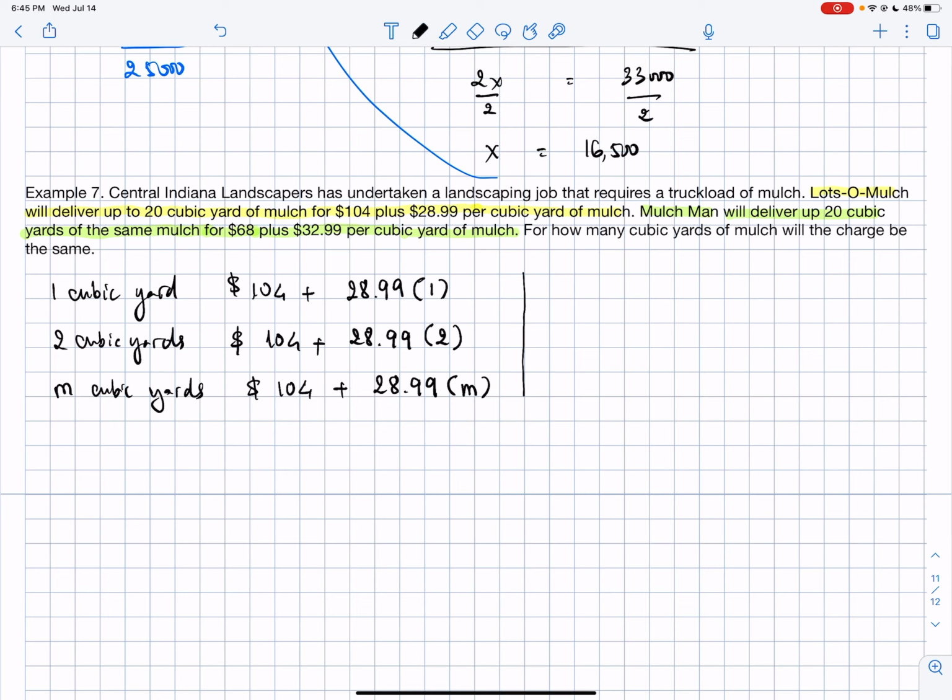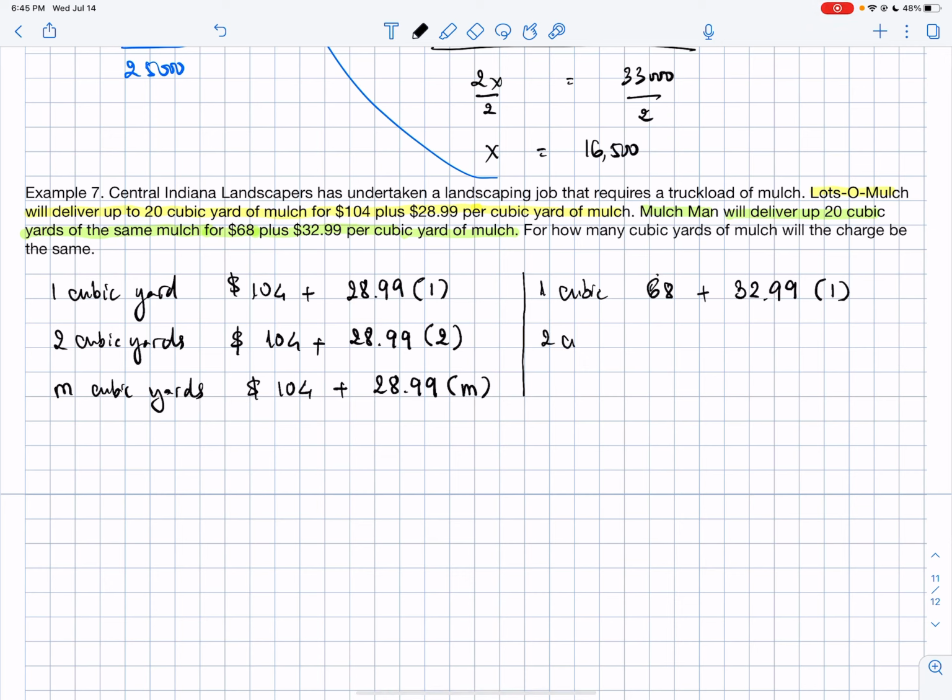So the charge for the other company, for example, if there's 1 cubic yard, they will charge $68 plus $32.99 for 1 cubic yard.